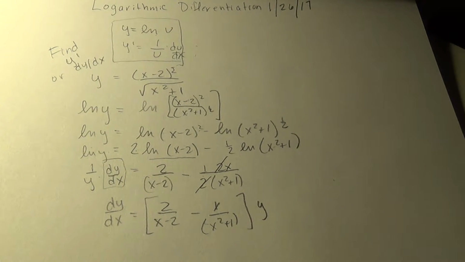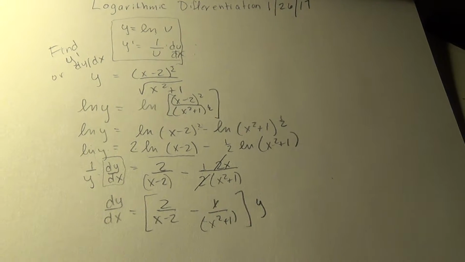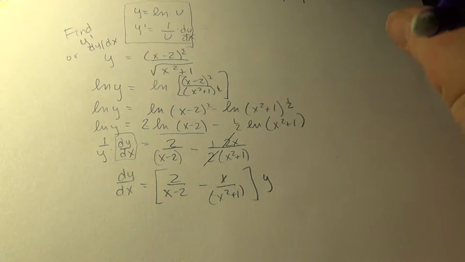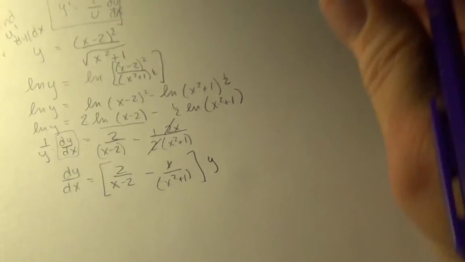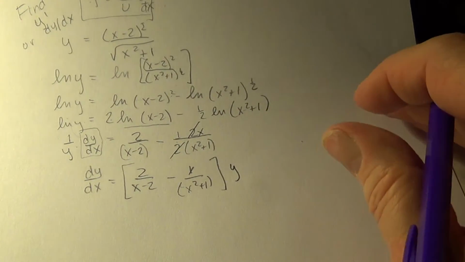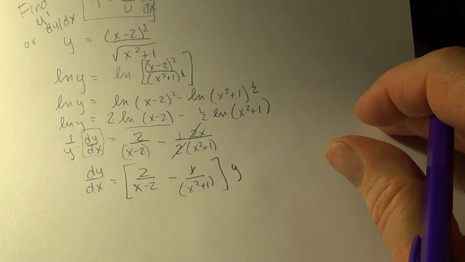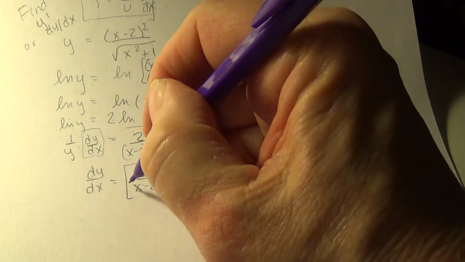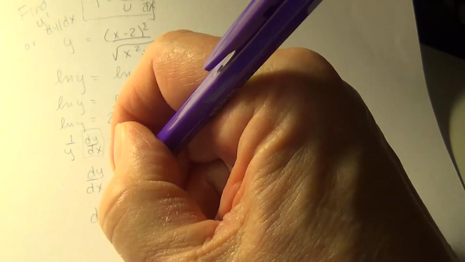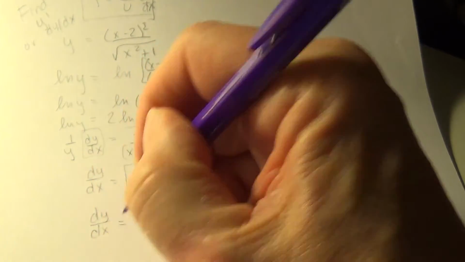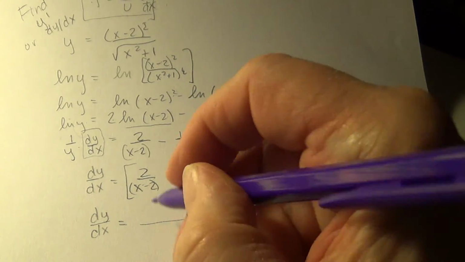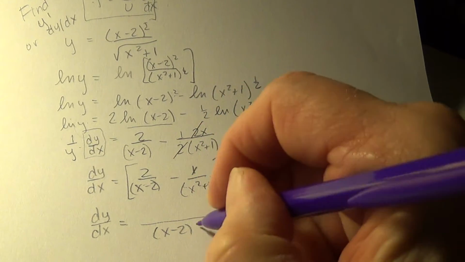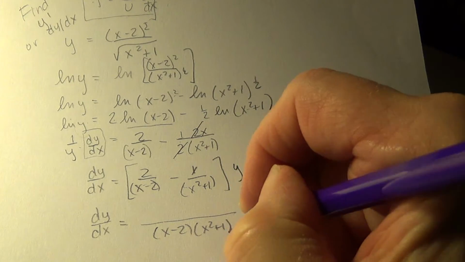So that's the answer, but it can be simplified. So we love to simplify our answers. And let's see. Let us give these two terms the same denominator. So I'm going to give it the common denominator, x minus 2, x squared plus 1.